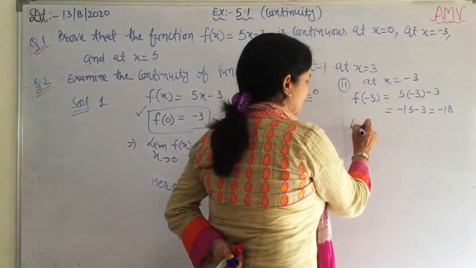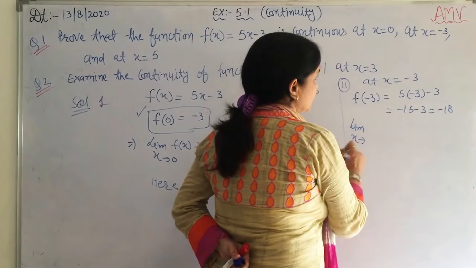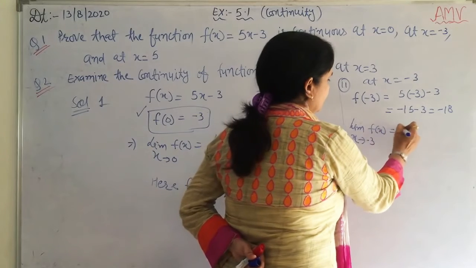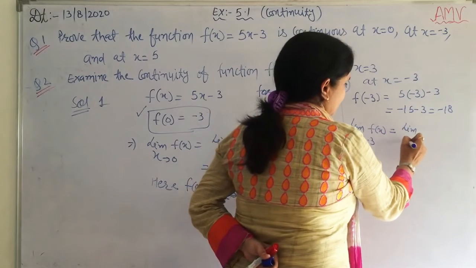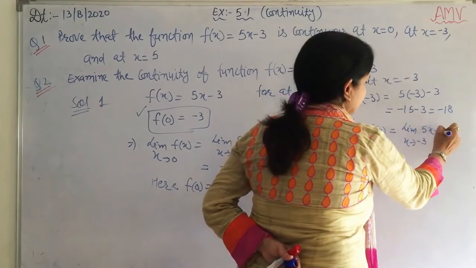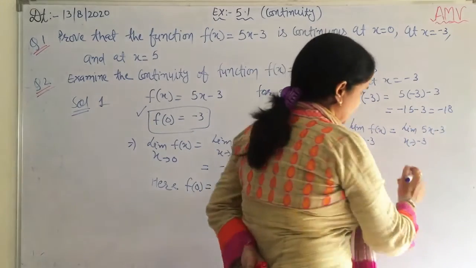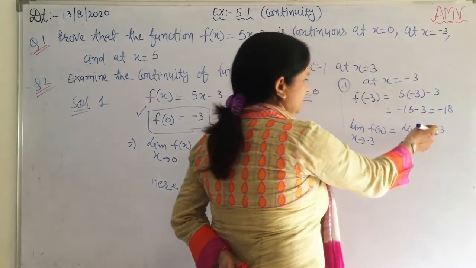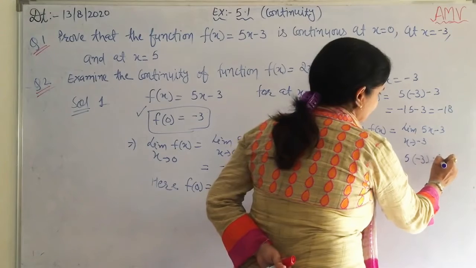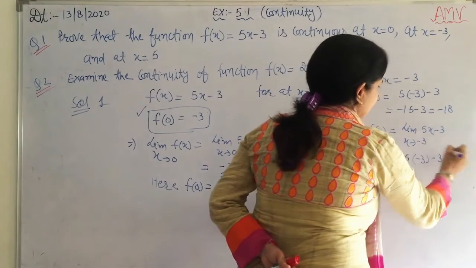Now find the limit as x tends to minus 3 of f(x). Here f(x) is 5x minus 3, and substituting minus 3 in place of x gives minus 18.